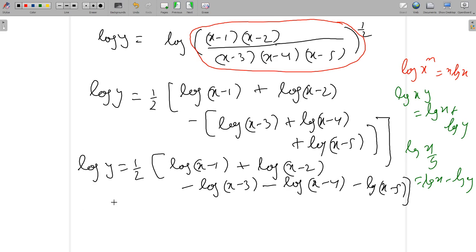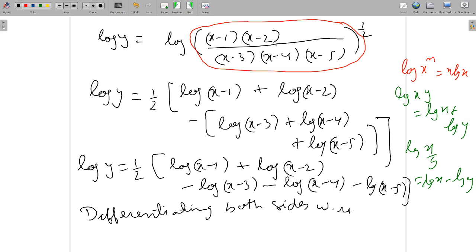Now let us differentiate both sides with respect to x. So differentiation of log y is 1 by y, so 1 by y dy by dx equal to 1 by 2, which is constant, so it will remain as it is.